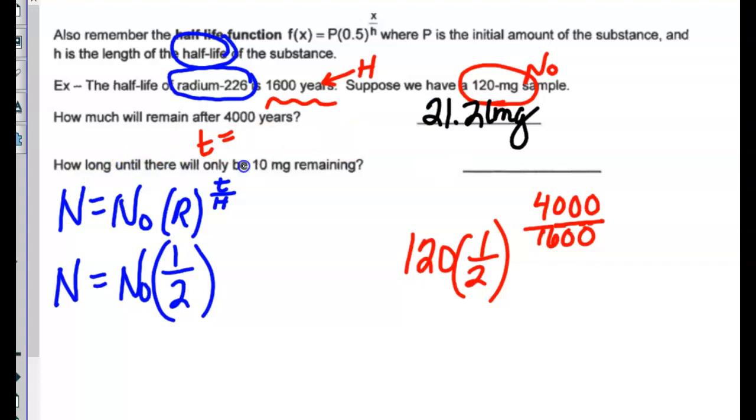How long until there will be only 10 milligrams? So what's changing? How long until there will be only? So we want to put the 10 where?